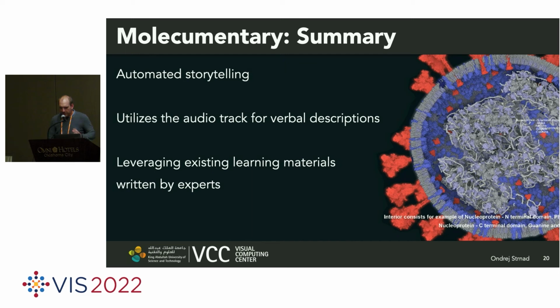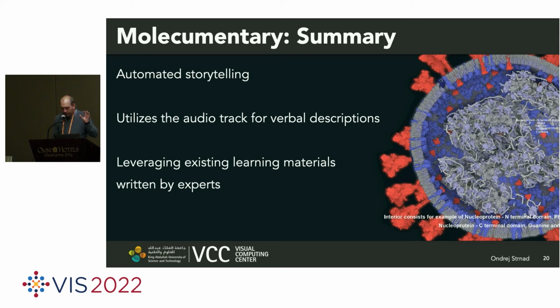So our system basically requires two inputs. One input is a model with hierarchy, and the other, for example, a text. The text can be created by an expert biology user, for example, a lecturer or a professor who wants to show a narration, who wants to show a story, but doesn't necessarily have the skill to program.